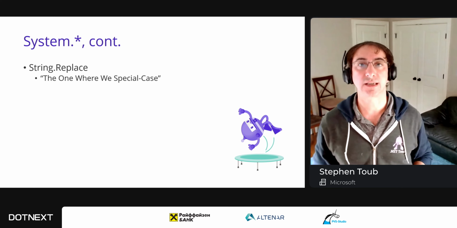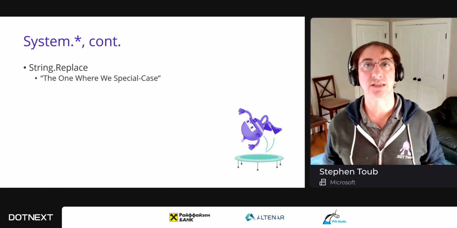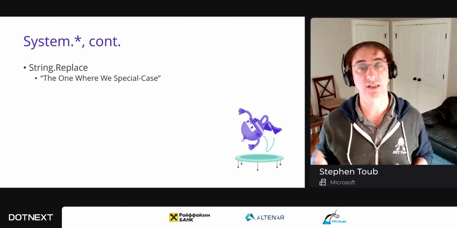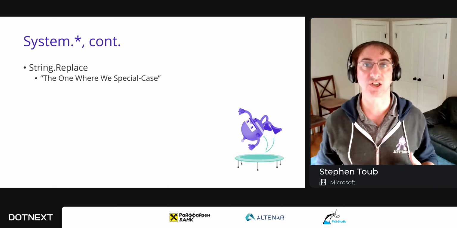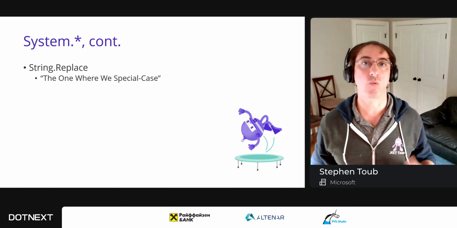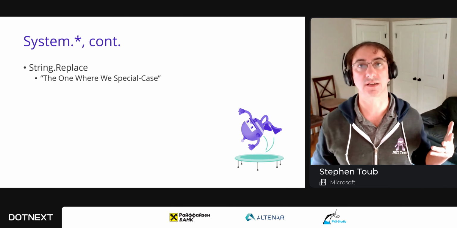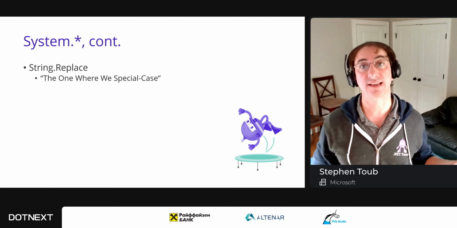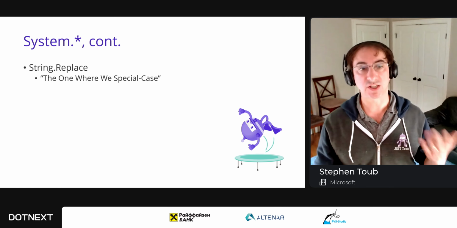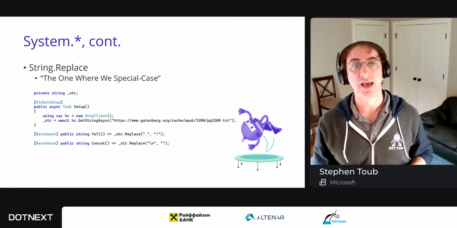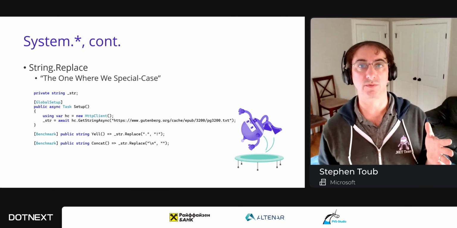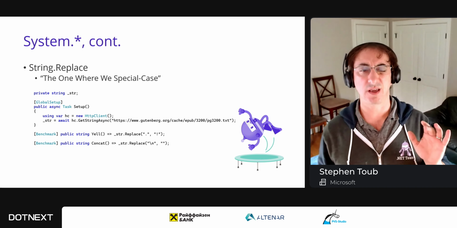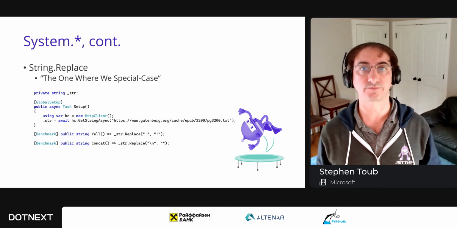So special casing is valuable when you have a really good sense of what your inputs are going to be and can special case the vastly common ones, or when you know that the condition you're checking is so cheap that it won't matter if you're paying that cost unnecessarily. But string.Replace is a good example of this. You can see in this example here, I'm downloading from Project Gutenberg. I believe this is the complete works of Mark Twain.